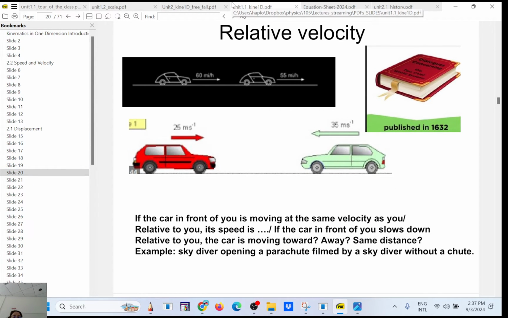Okay, so now I want to talk about relative velocity without any equations, just with the guts, right? Common sense.